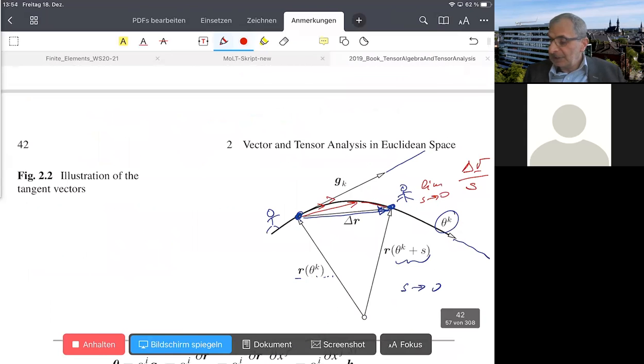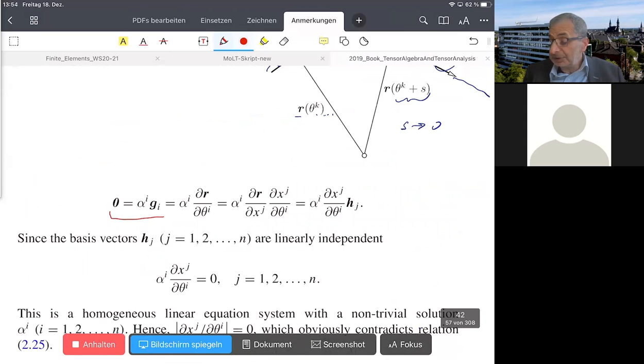Look, I begin with the assumption that this sum alpha_i g_i is a zero vector, and here I use the definition. The definition of these tangent vectors is the partial derivative dr/d theta_i. But I now have another coordinate system, a linear one, and I can apply the coordinate transformation, the chain rule of differentiation, to get this derivative with respect to theta_i.